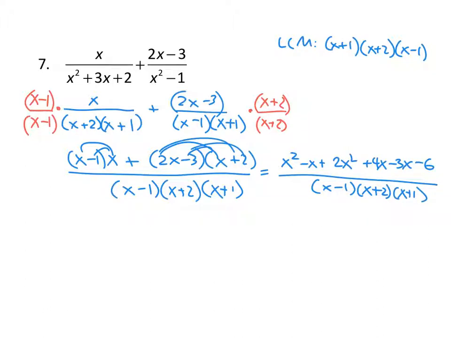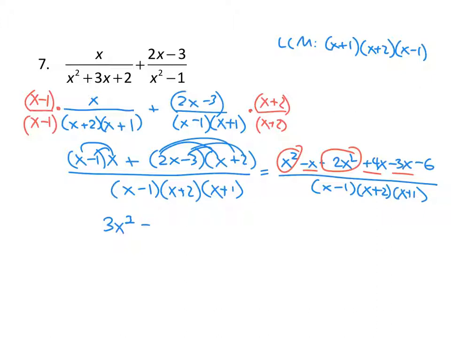And then I combine like terms in my numerator. So x squared can be added to 2x squared, and negative x, 4x, and negative 3x can be combined. So we get 3x squared, and then negative x plus 4x minus 3x ends up canceling out.